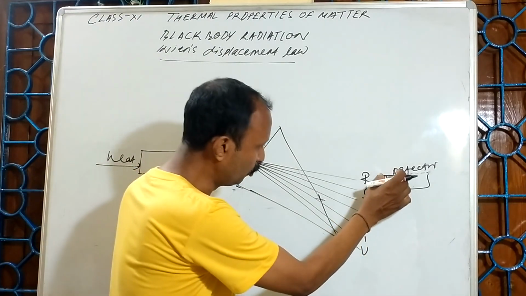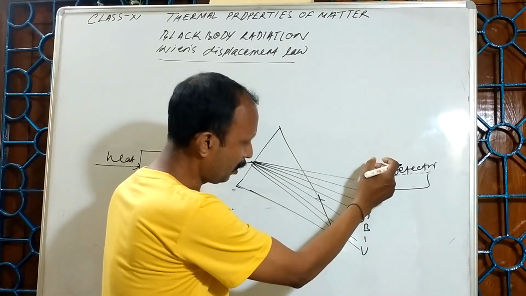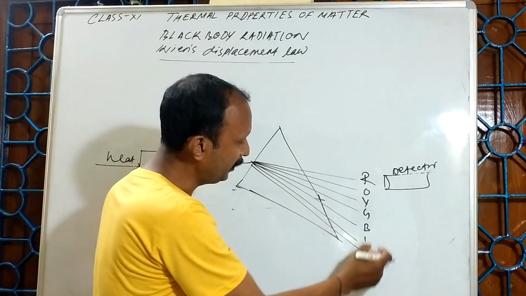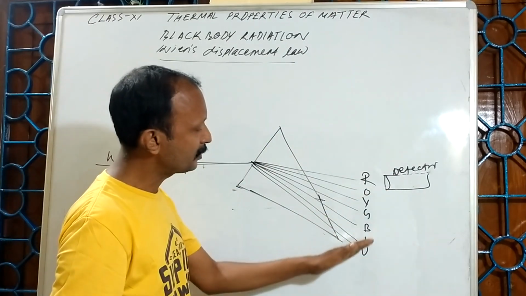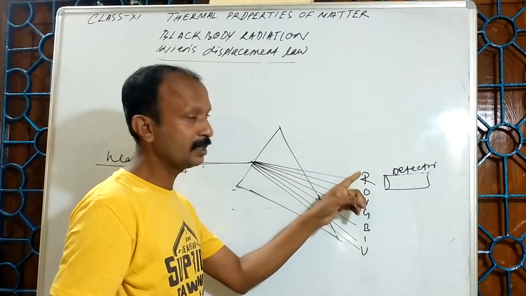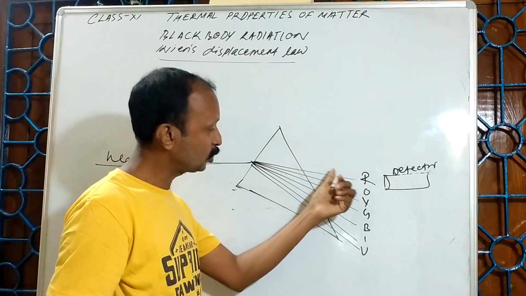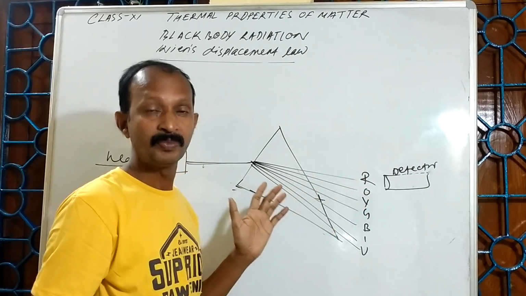Suppose I move this detector from red to violet, that means I can get information about the wavelength and the energy associated with the wavelength.